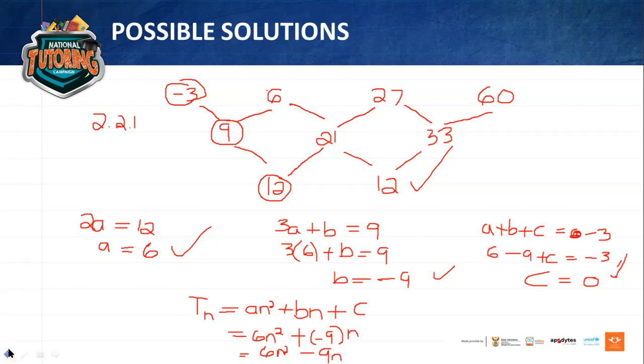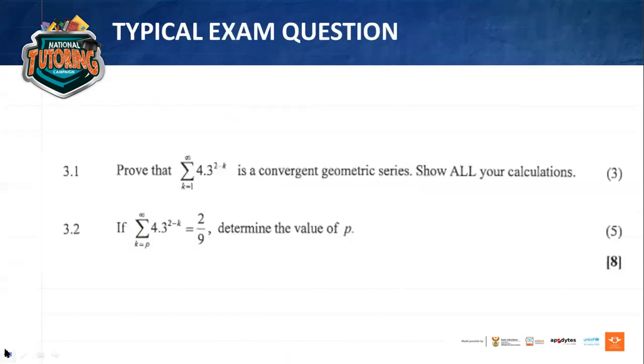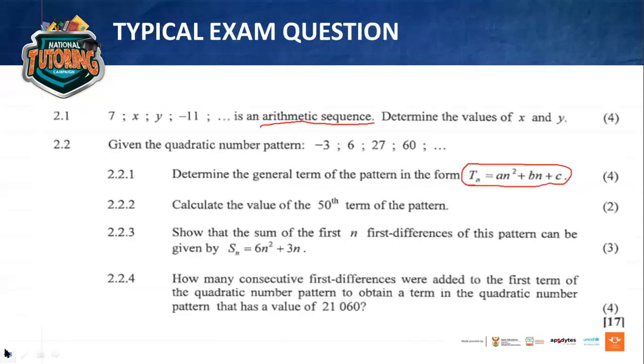So now let's look at the subsequent question, which is 2.2.2. Let's go back to the original question. Calculate the value of the 50th term of the pattern. So now they want to know the value of the 50th term. So they want T50. We're going to go to the formula that we just got.